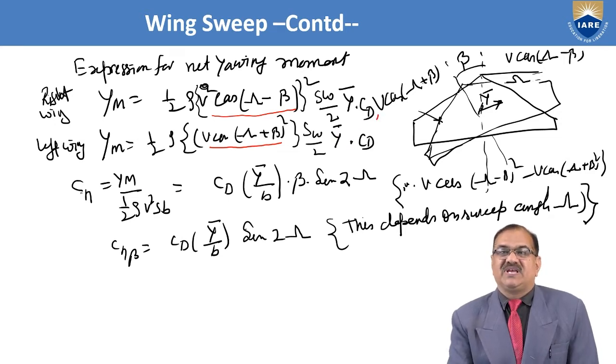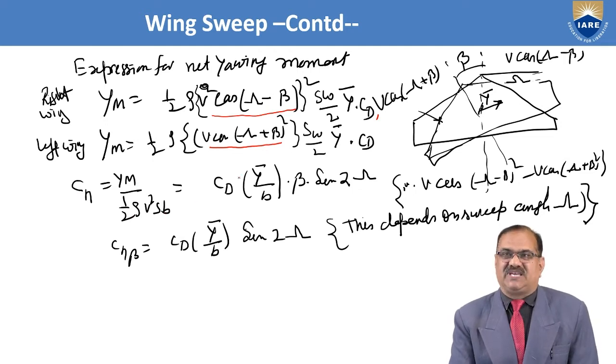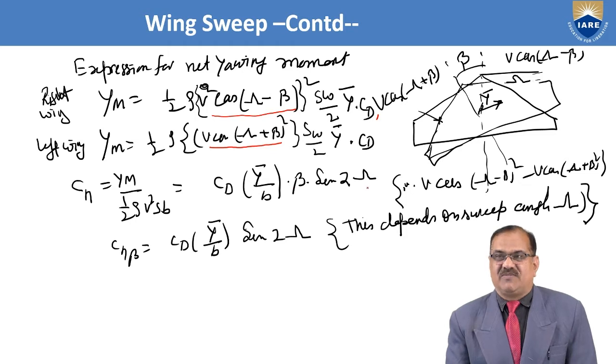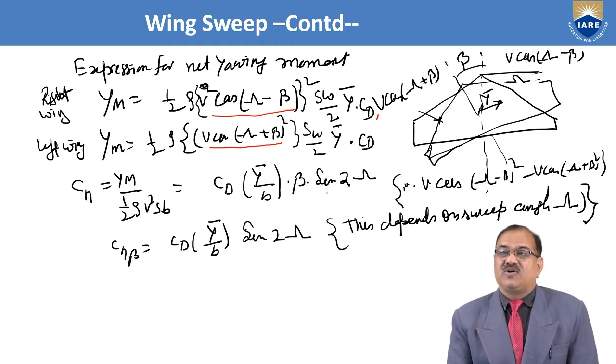Now Cn is equal to Ym over half rho V squared S b. So what you will get here is CD Y bar by b times sin 2 sigma. So Cn beta is CD Y bar by b sin 2 sigma.